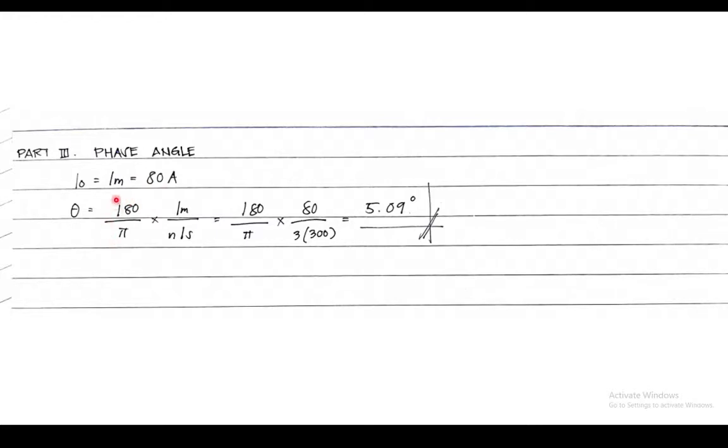Kasi kung hindi natin kinancel yung radians, we will not be able to use this phase angle kasi naka-radians siya. Ang required na hinahanap is naka-degrees. So ayan, substituting the following values. Yung I naught is equals to IM, or excitation current equals to magnetizing current, which is 80 amps, all over yung reflected secondary winding, which is 3 times 300, will result to 5.09 degrees.